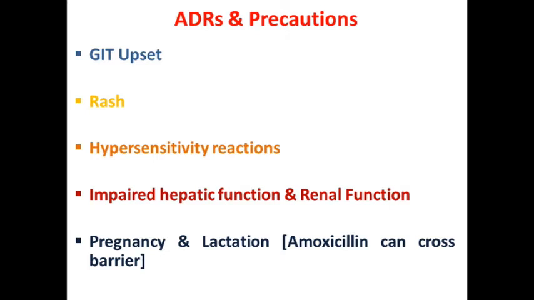These drugs can cause mild hepatic impairment, and renal function you need to look at. But even with low renal function you can give amoxicillin, you just need to give it twice daily, that's 12 hourly, and the dose might be reduced, but otherwise it should be okay even with impaired renal function.